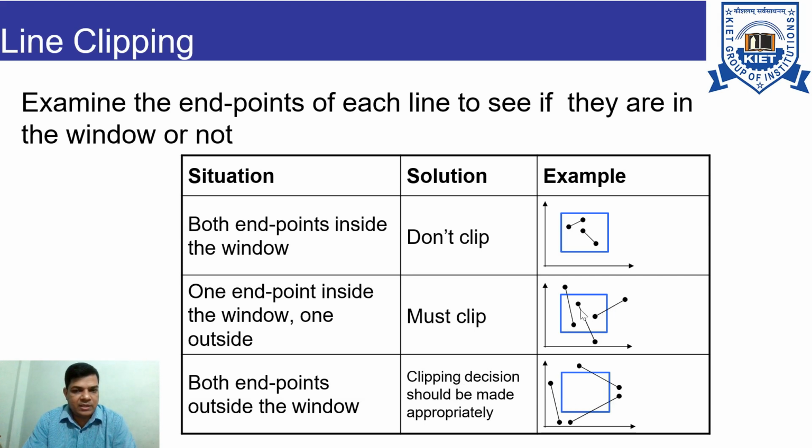In this case one point is inside the window and the other point is outside the window. And in this you can see that both points are outside the window, but still some portion is inside. And similarly we could have another case also, where both points are outside and the line is not visible.